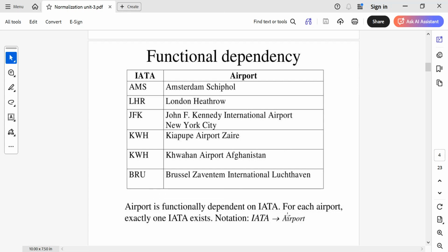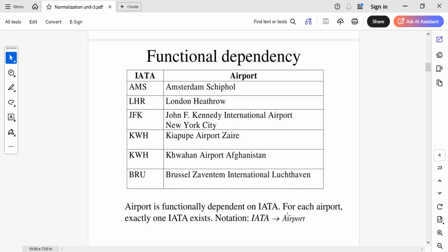IATA is for airlines, and the remaining right-hand side displays the airport names. Every airport is compulsorily registered to one airline code. Amsterdam Schiphol is registered under IATA, London Heathrow is registered under LHR.